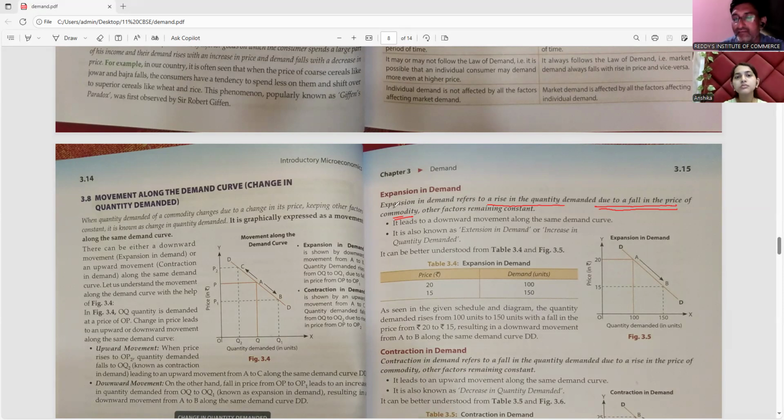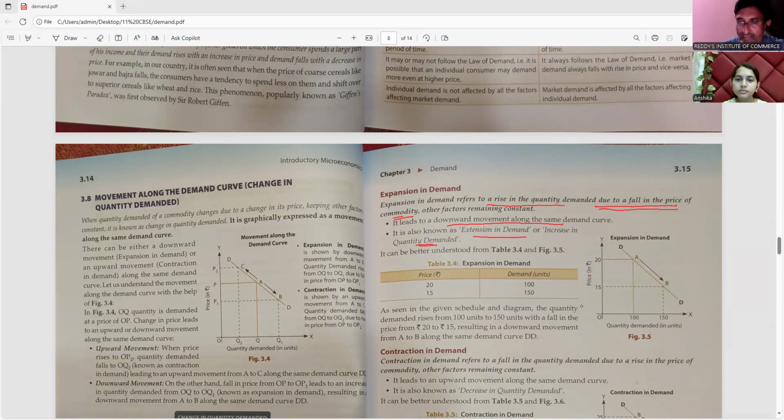So due to that reason, your demand curve will go to the downward side. It leads to downward movement along the same demand curve. It is also known as extension in demand, or increase in quantity demanded.